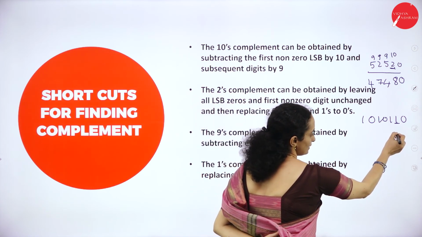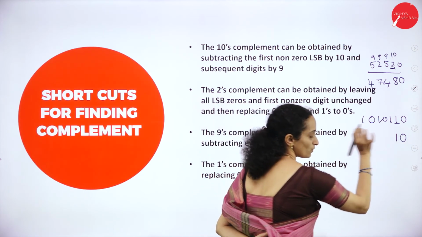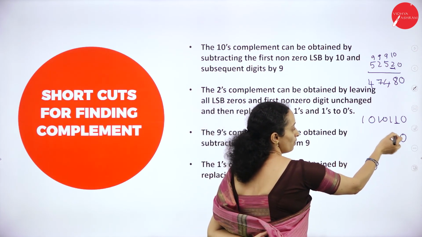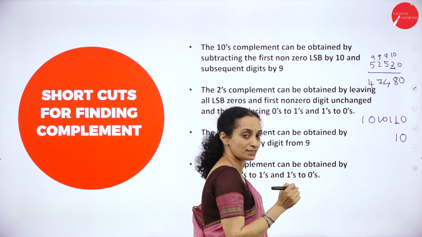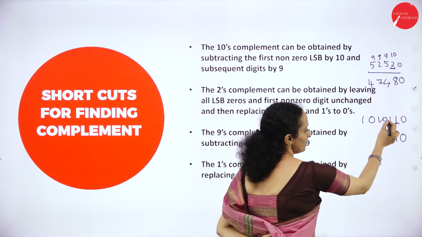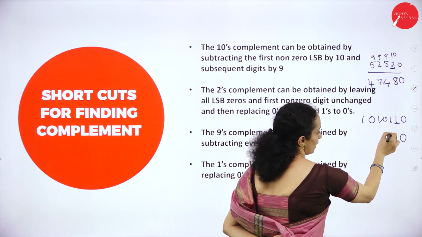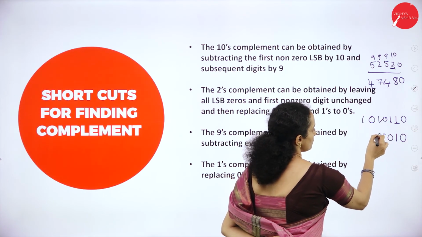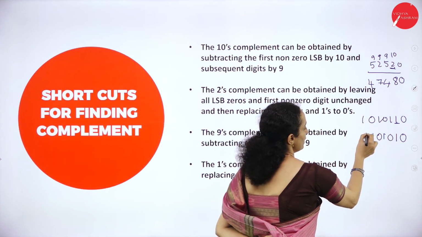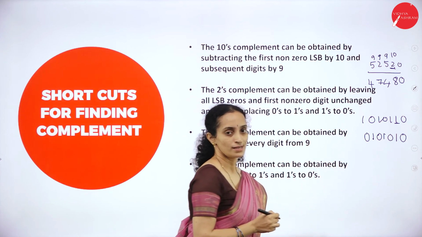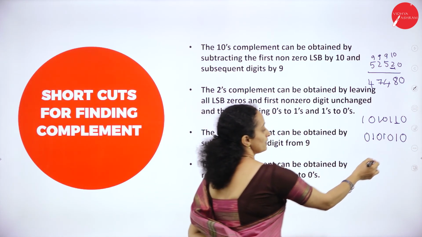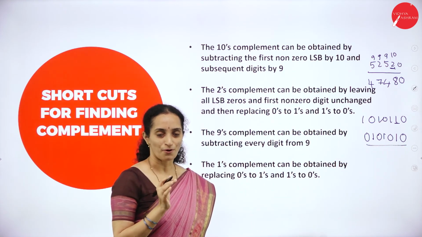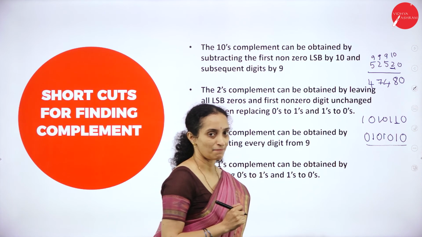Keep it as it is. Then change the remaining ones to zeros and zeros to ones: 0 to 1, 1 to 0, 0 to 1 and 1 to 0. So this gives you the 2's complement of a binary number.